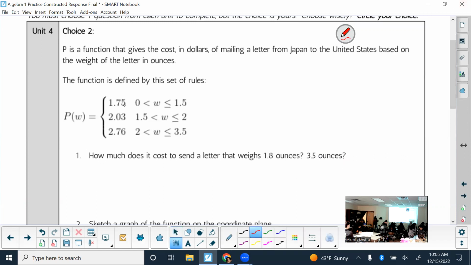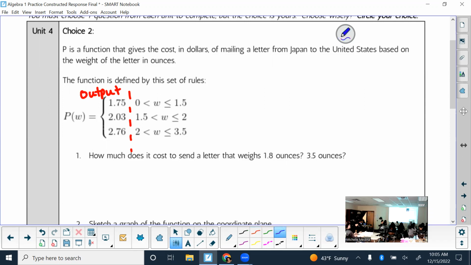It's not an input. It's the price, which would be the output, because doesn't the price depend on something? What does it depend on? The weight of the package or whatever, letter. So that's what depends on something else. That's my output, that's my y value.